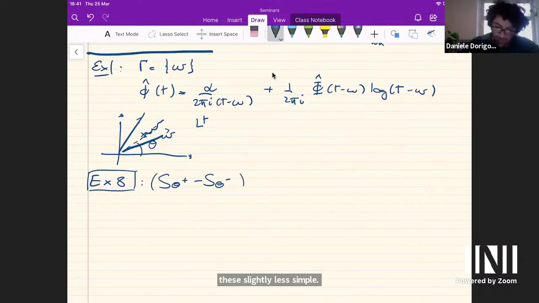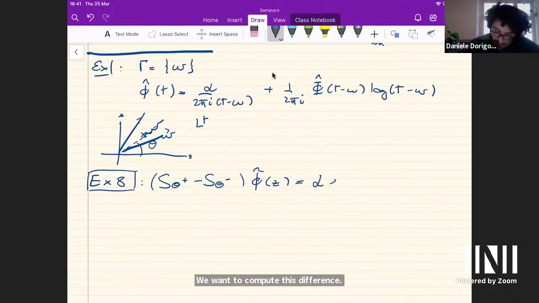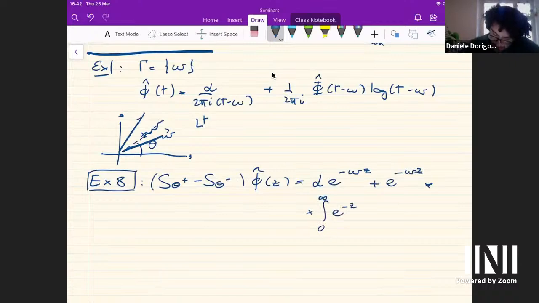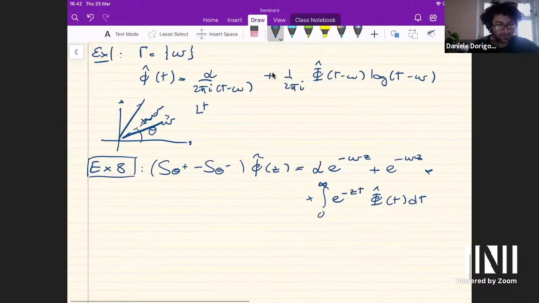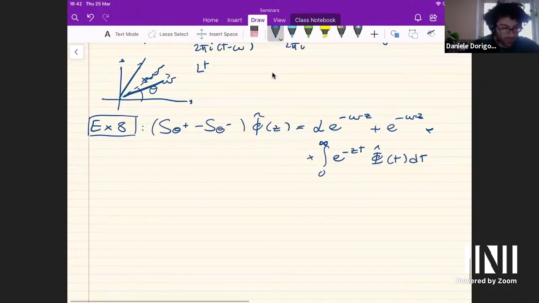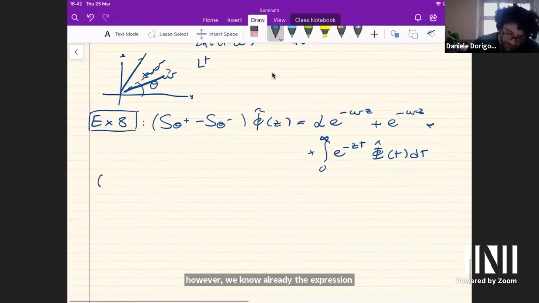So we want to compute this difference. And I'm claiming that this difference is alpha e to the minus omega z plus e to the minus omega z times the integral between 0 and infinity e to the minus z t times the minor of t dt. However, we know already the expression from before.